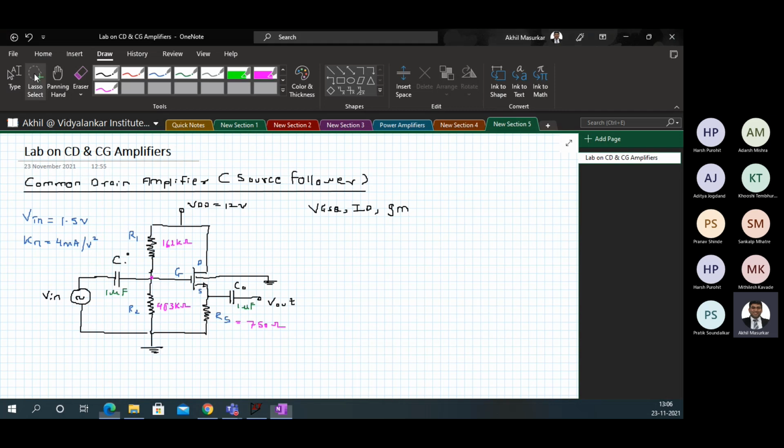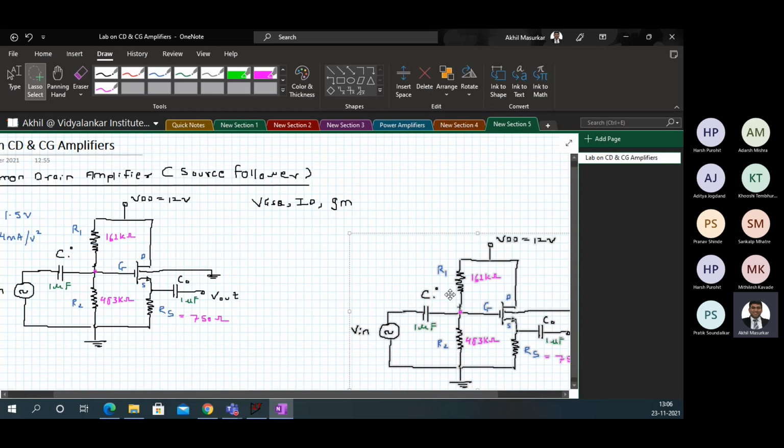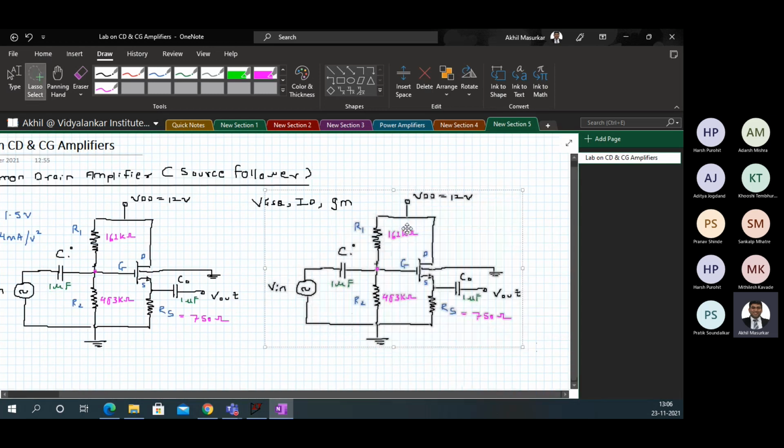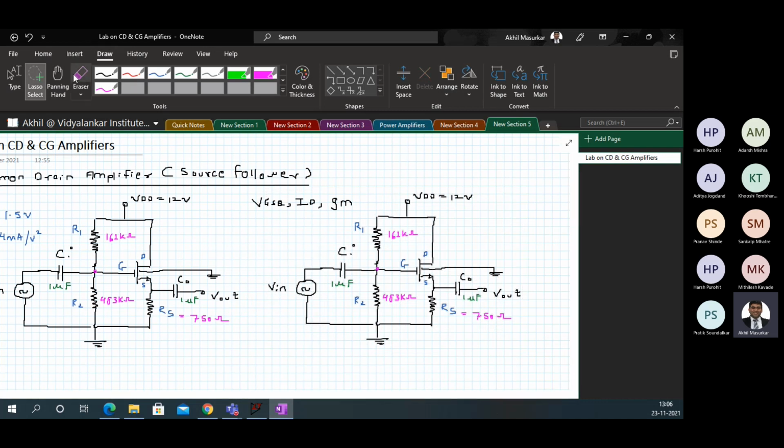So now if you see the DC equivalent of this circuit, DC equivalent means you open all the capacitors and remove the AC inputs.